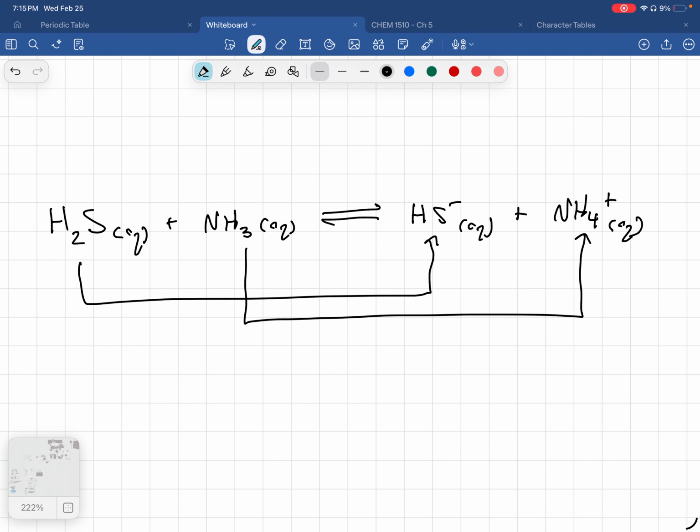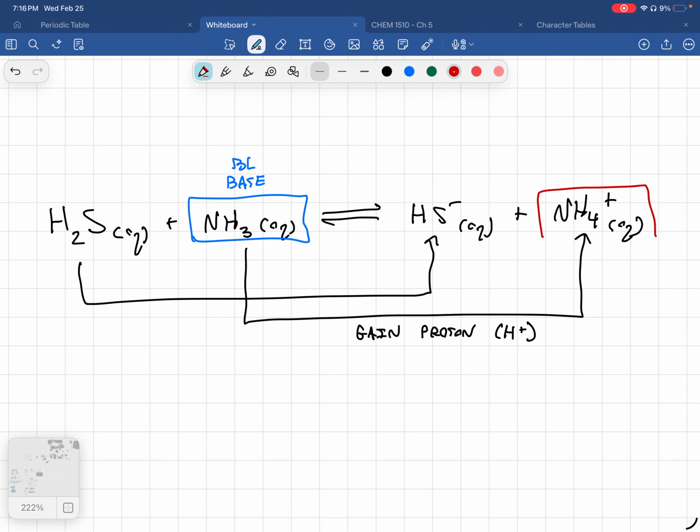If we look here, for NH3 to NH4+, it is gaining an H+, and the charge is going up by 1. So it is gaining a proton. What things gain protons? Bases. So this is our Bronsted-Lowry base, and that means it's becoming its Bronsted-Lowry conjugate acid form.